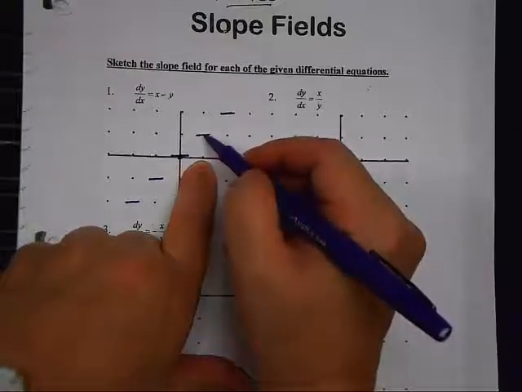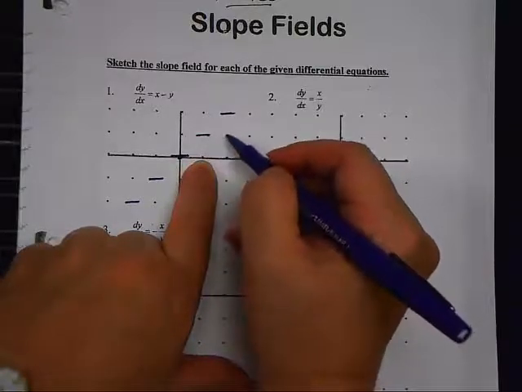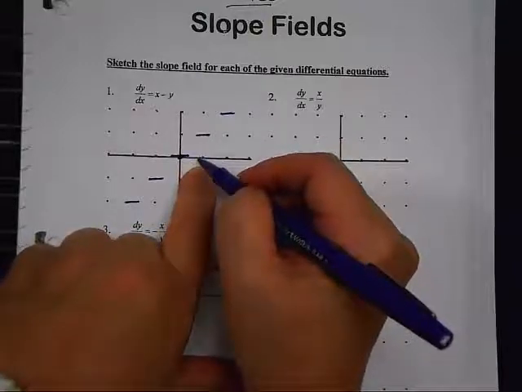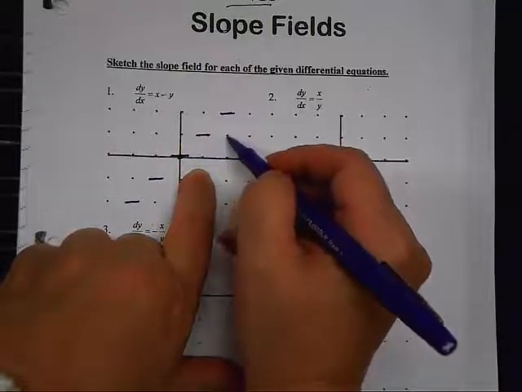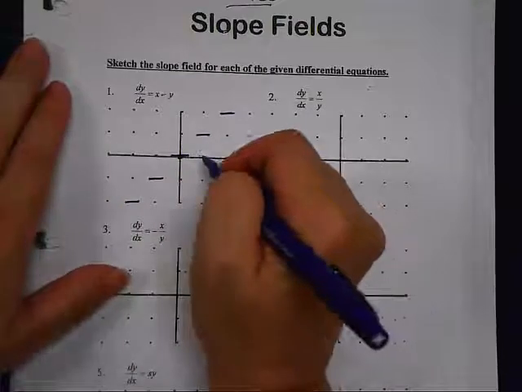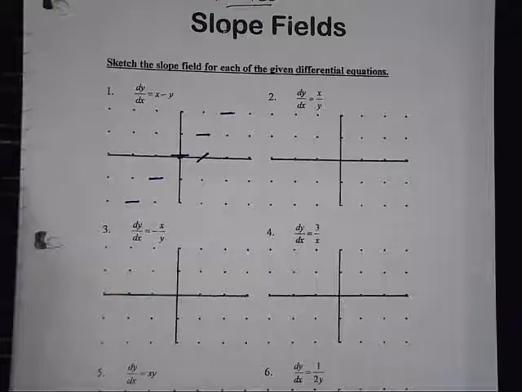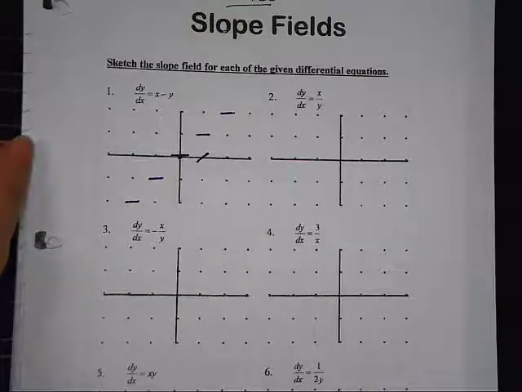If I counted the slope up 1 and over 1, it would go through this point too. So when you draw your little piece of line, have it point towards that point up there, up 1 and over 1 from the point that you're talking about.